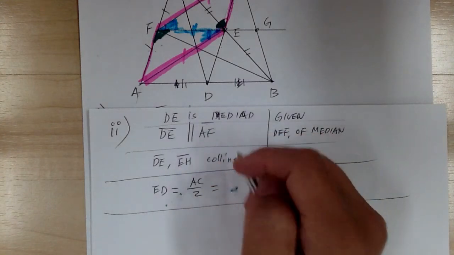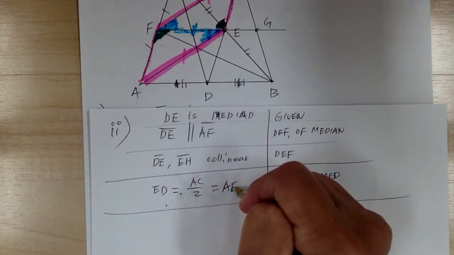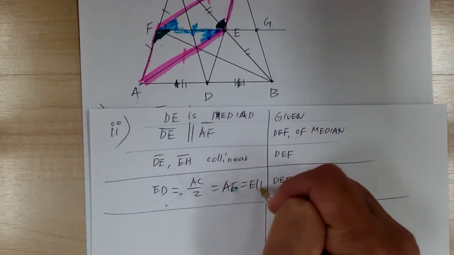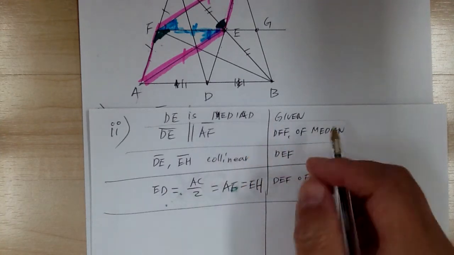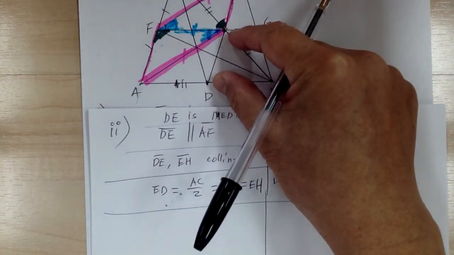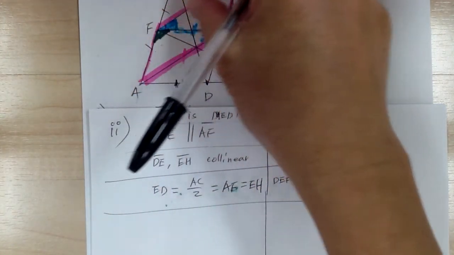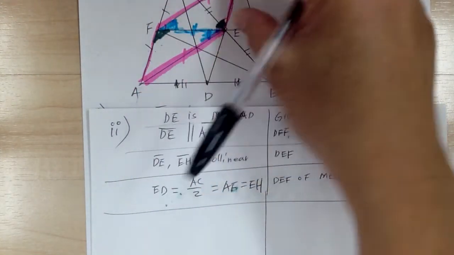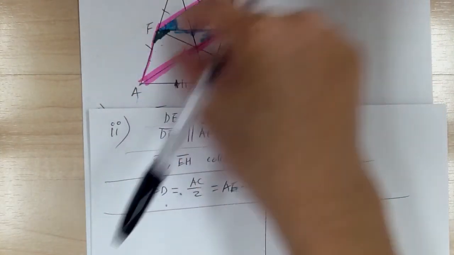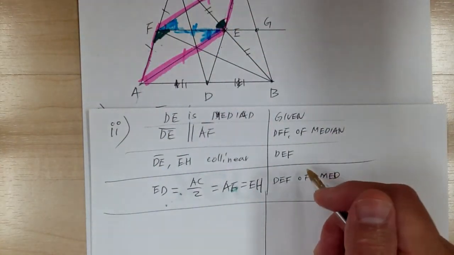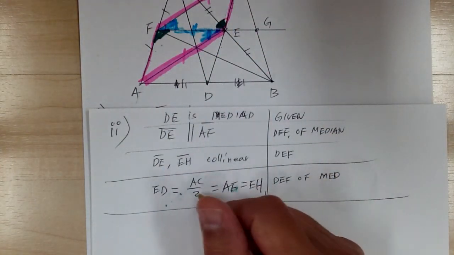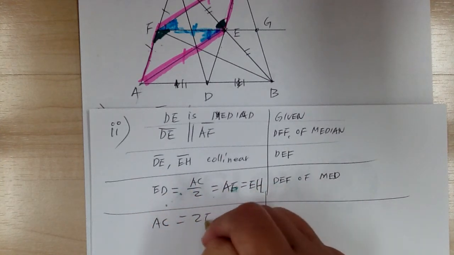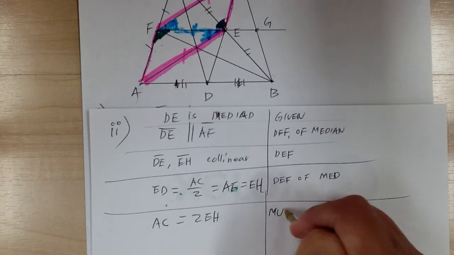And also this is equal to AF and equal to EH. So ED is equal to AF equal to EH, and they are all equal to each other. Okay, and I'm going to multiply this by 2, so you get AC equal to 2 times EH. So this is the multiplication.